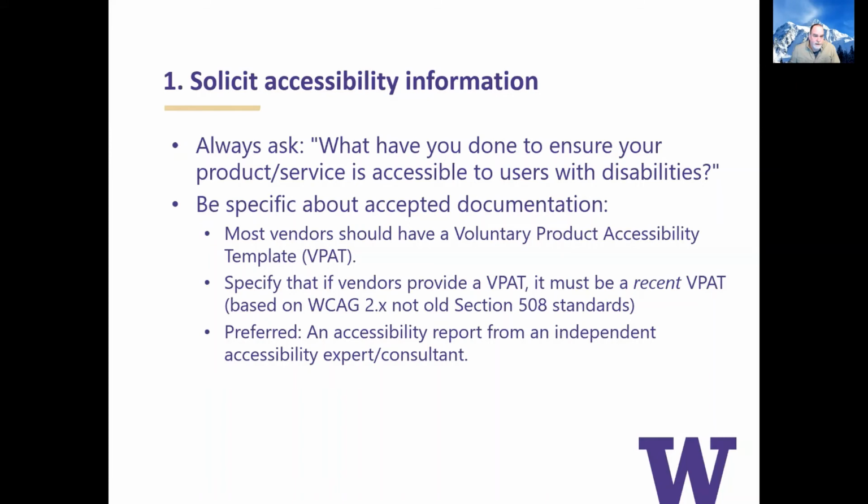VPATs have gotten better. We want to make sure that any VPAT is using the most current version and not the old standards, but the new ones. What we would really like to see is an external evaluation for a VPAT done by some agency outside of the company.